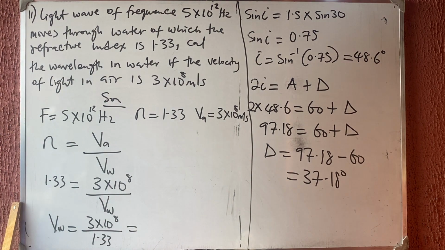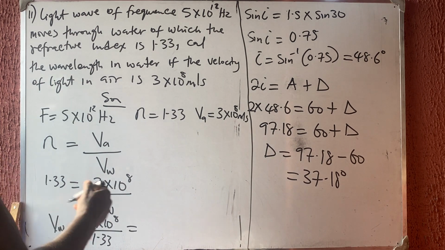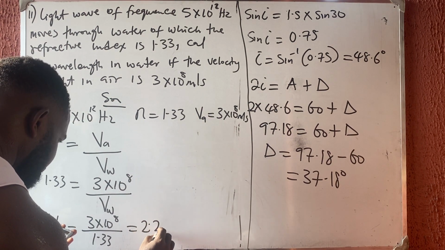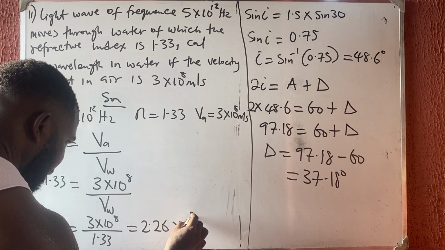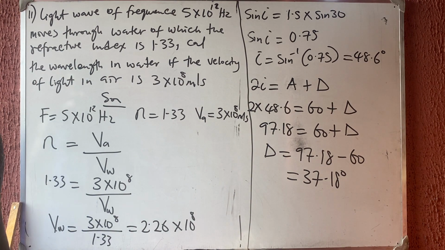So 3 divided by 1.33, I have 2.26 times 10 raised to power 8 meters per second. Now, this is the velocity in water.